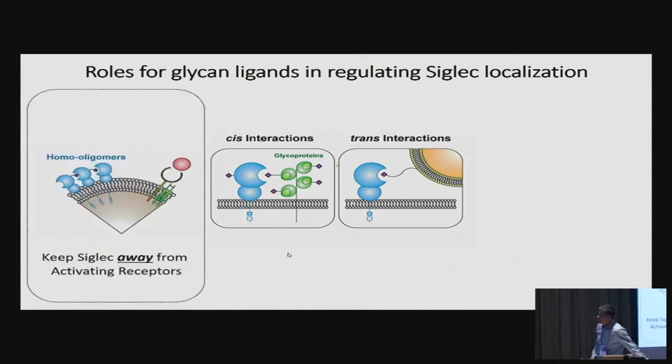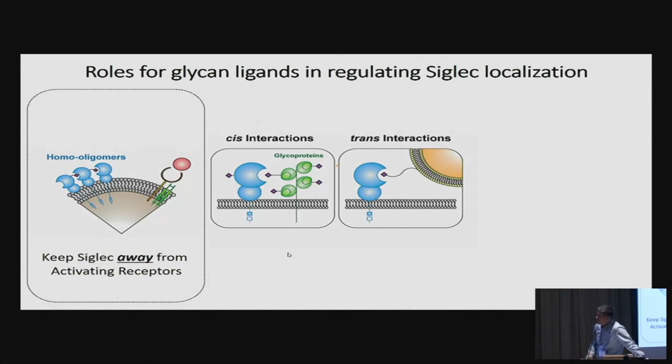So here's how my laboratory sort of thinks about these interactions. We don't yet know how generalizable they are to all the Siglecs. I'll leave you with that caveat. There's still a book being written for all 14 members on how they function. But some of these points are taken away through a few examples where we do know a lot.